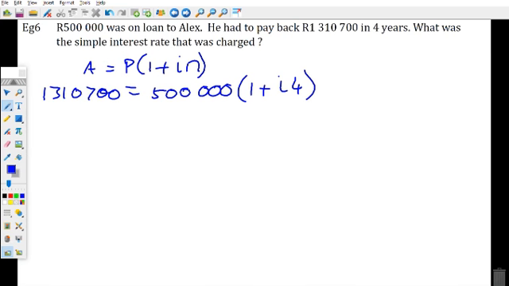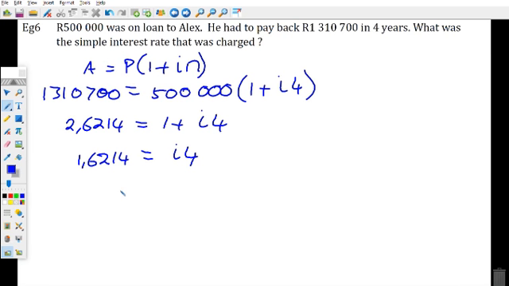1,310,700 divided by 500,000. Okay, and I get 2.6214. So I'm going to minus 1, and I'm going to get 1.6214. So now I'm going to divide by 4, keeping it in your calculator. We don't clear anything. Divide by 4, and we get i is equal to 0.40535.